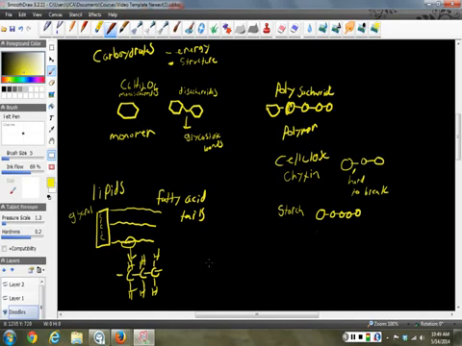Now, if you had a tail that had this going on, we would then be able to hold fewer hydrogens. And this would actually cause this fatty acid tail, rather than being straight, to kink.